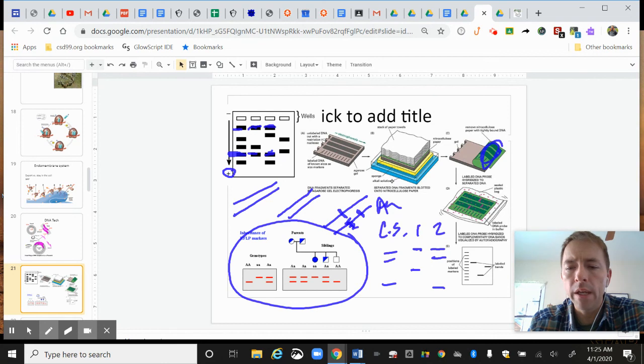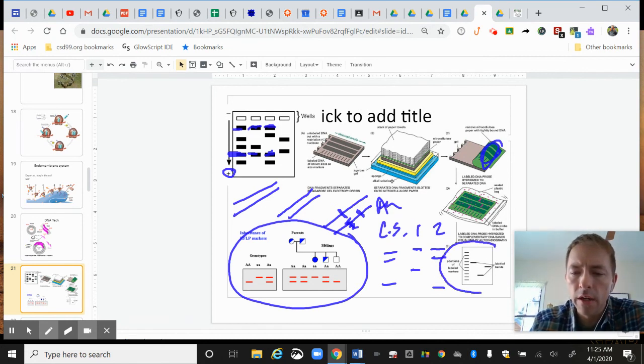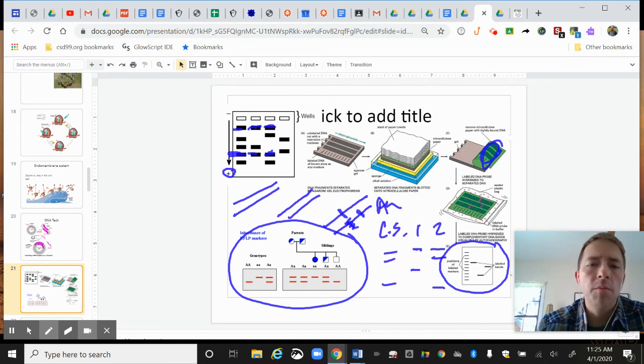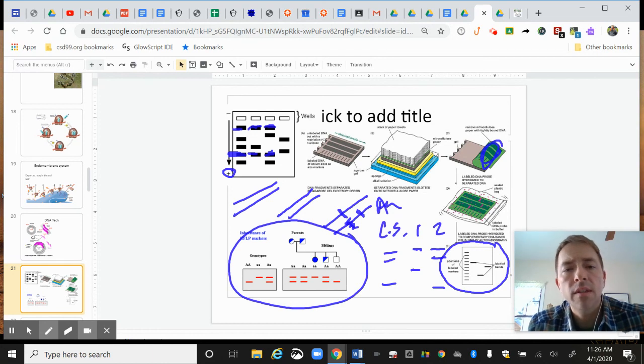We can see in this picture here, we have the gel that made this great band pattern, but then we look for where the sequence is, and you can see in this picture down here, it shows up in 3 different individuals in 3 different spots. So it might be a duplication, might be an error, might be a mutation, but we're looking for specific sequences with that southern blot situation.